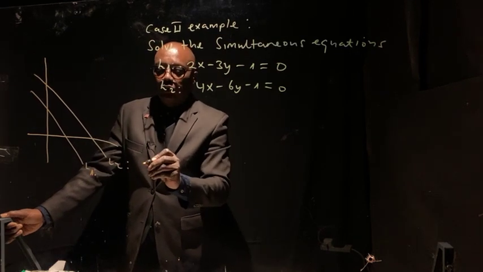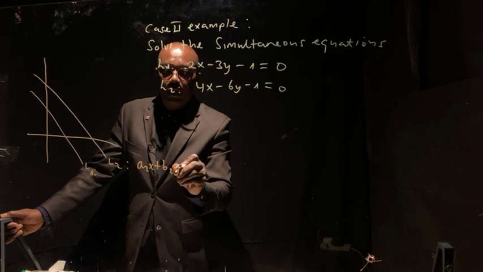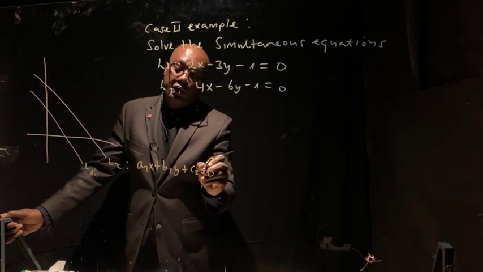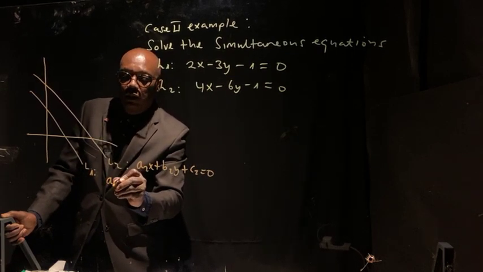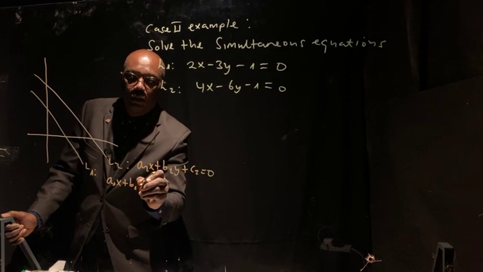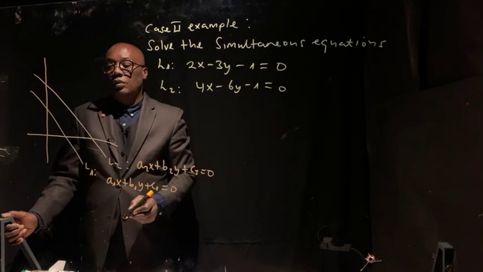L2 was A2x plus B2y plus C2 equals 0, and L1 is A1x plus B1y plus C1 equals 0.